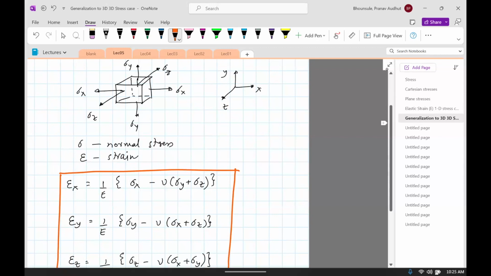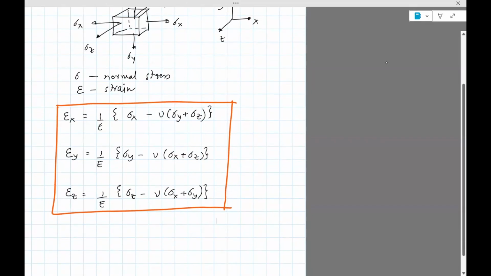If you put sigma x as not 0 and sigma y equals sigma z equals 0, you'll derive the same expression you had for the previous page. So this is a generalization. If you remember this, you can solve other special cases. I wrote it down so that if you're familiar with the 1D case, this might help you to build the intuition.